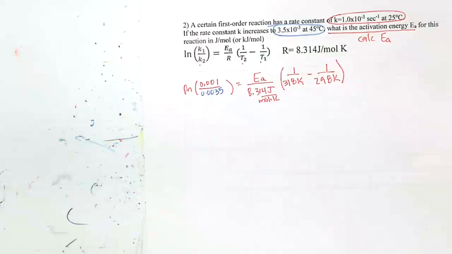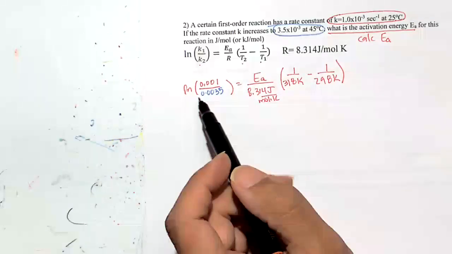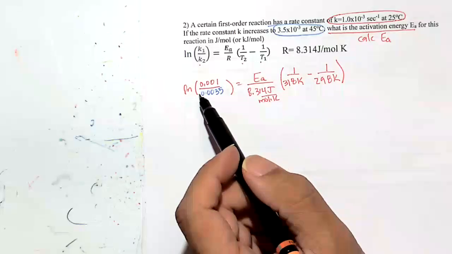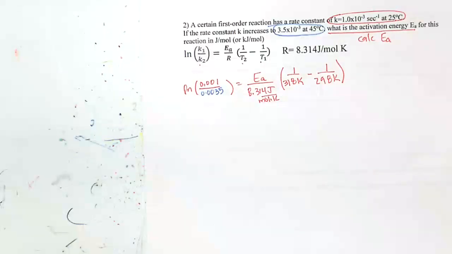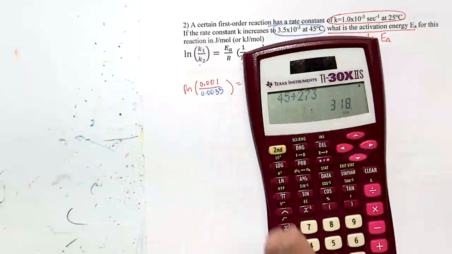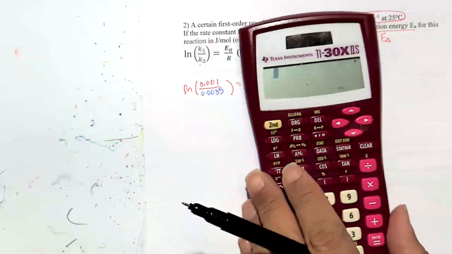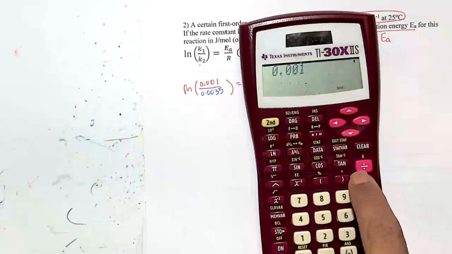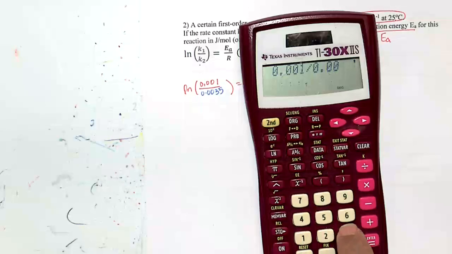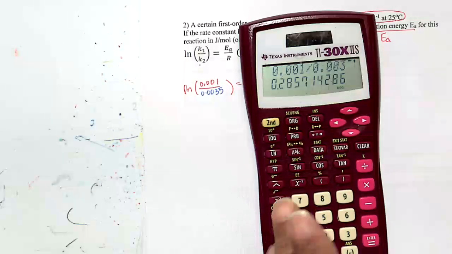So here in this problem, we have to calculate the activation energy Ea. I'll do this first: natural log of this fraction. Let's compute that fraction. Okay, that's the fraction.